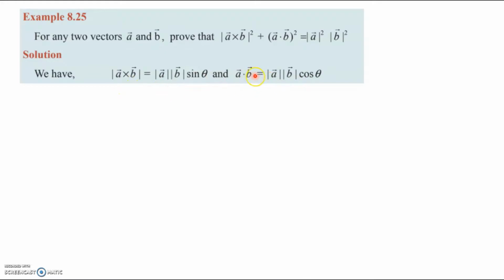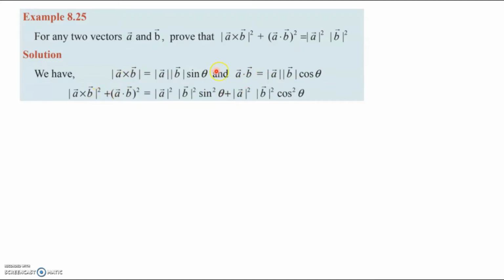Now squaring them both and adding them. So you have to square this, which will be A magnitude squared, B vector magnitude squared into sine square theta. Similarly, squaring this, our A vector magnitude squared multiplied by B vector magnitude squared into cos square theta.